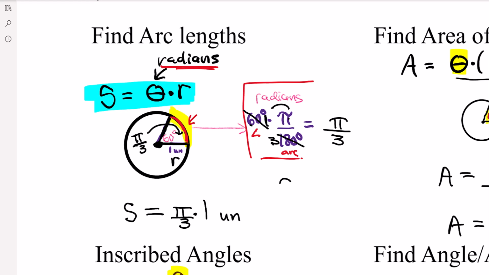So what we have is that arc length is pi thirds units. That's it. And that's the exact. Now, if you wanted to find the rounded on your calculator, just do pi divided by 3, and that will give you a decimal amount, and then put that right there. But I would like it to be the exact measure. I want to see the pi.